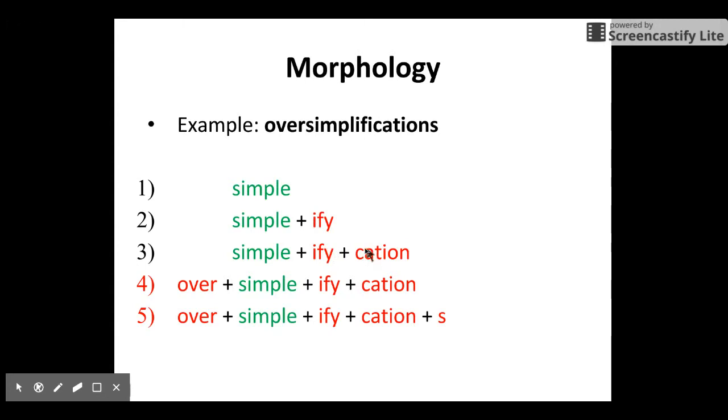And then we can change this verb into a noun by adding another morpheme. And then we can have another morpheme, over, which will change the meaning, right? And then we can have a grammatical morpheme as the plural morpheme here.